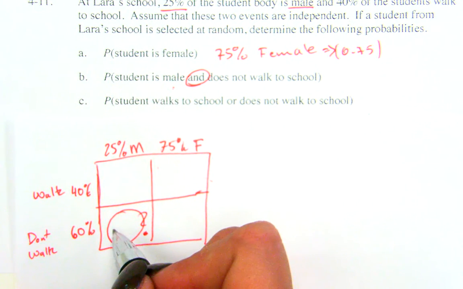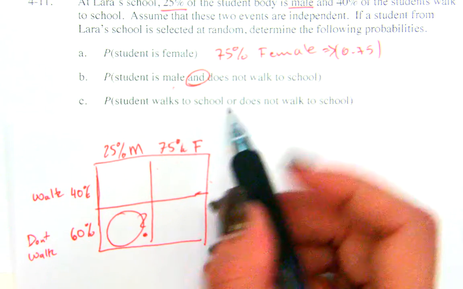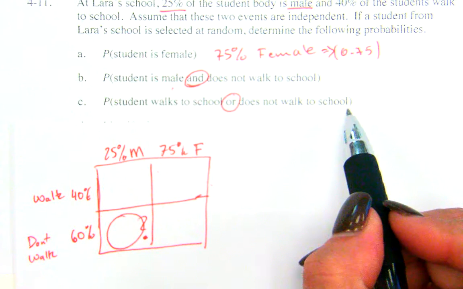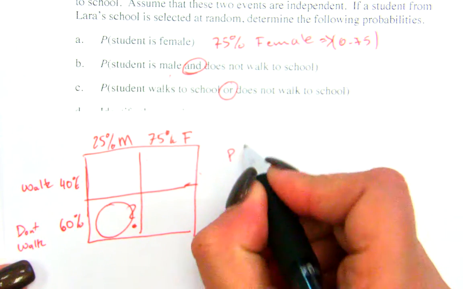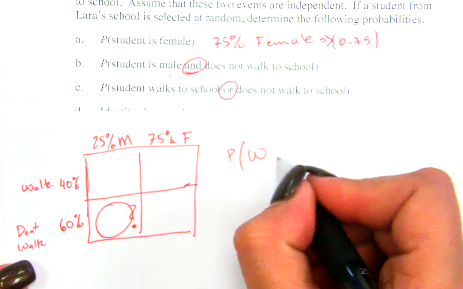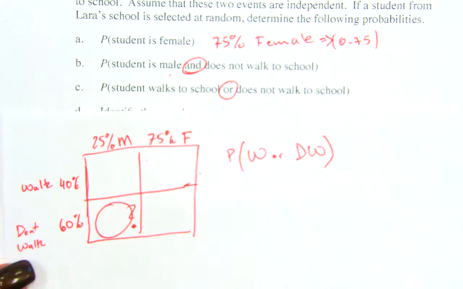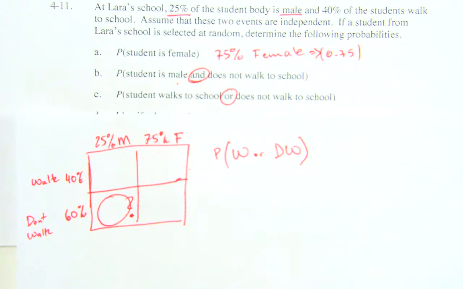Okay, and then this part C says student walks to school or does not walk to school. Well, you can do probability of walks to school or probability doesn't walk to school. We had an actual addition rule that goes with that.